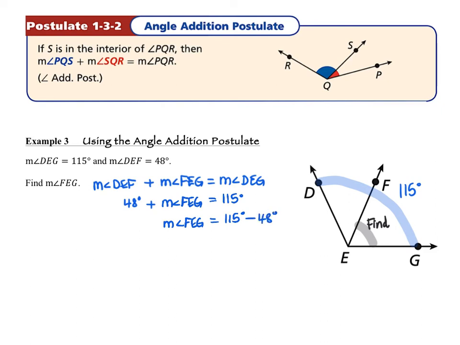We've turned it into a very simple algebraic problem to solve. And again, when we're using proper notation, we are guaranteed not to lose any points for notation. So we have found the measure of the missing angle that we needed, 67 degrees.